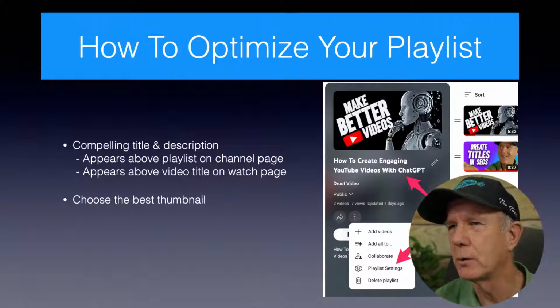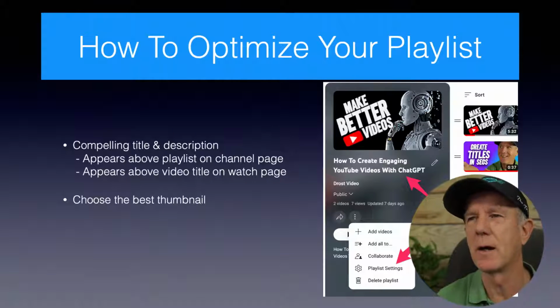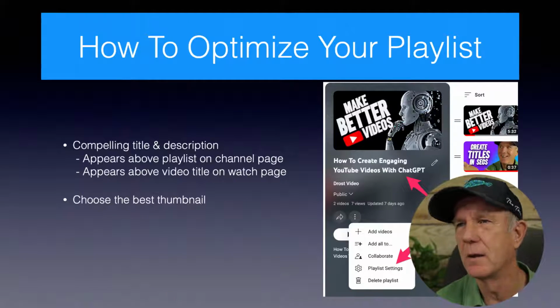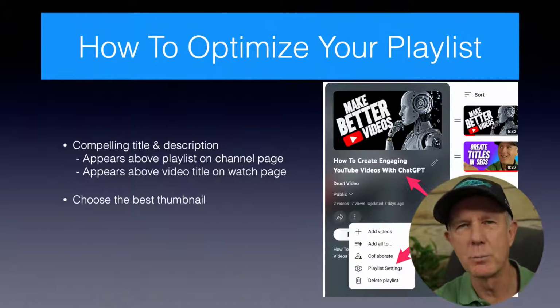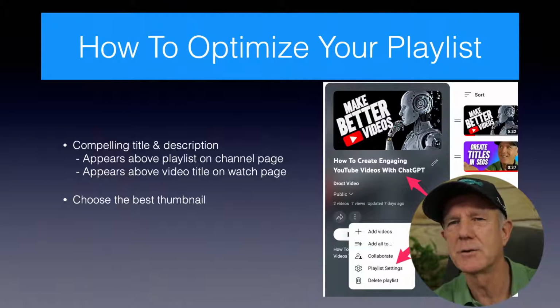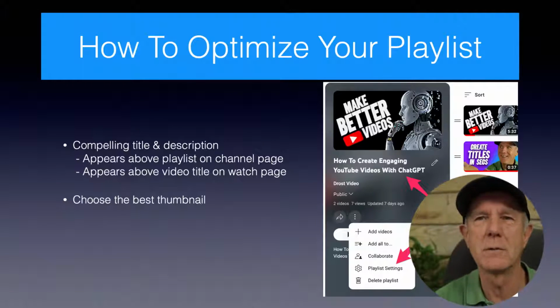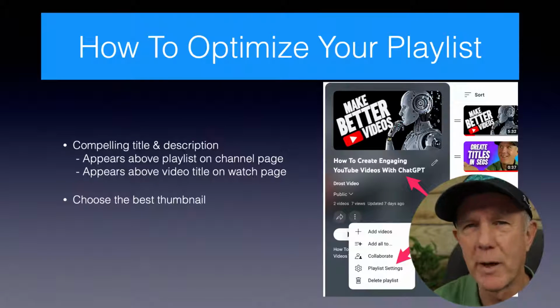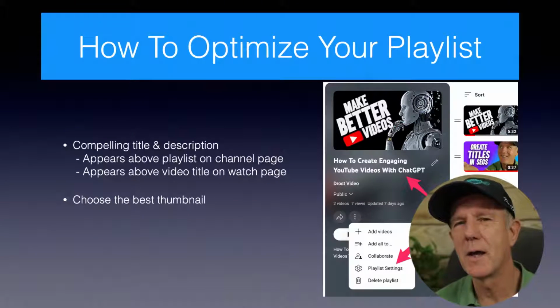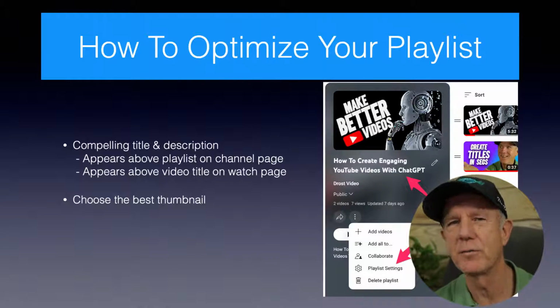As I mentioned before, you can also do collaborations, which means if you click on this collaborate, you can collaborate with another creator. You can put your videos in a playlist. Say maybe you put a video about how to prepare to fly a kite, and then your collaborator or another creator can put their video in the playlist on how to actually fly the kite.